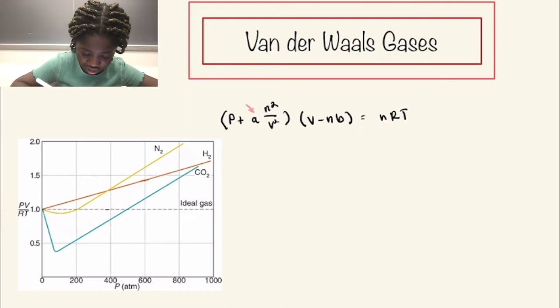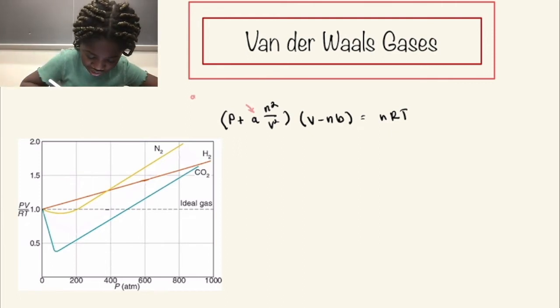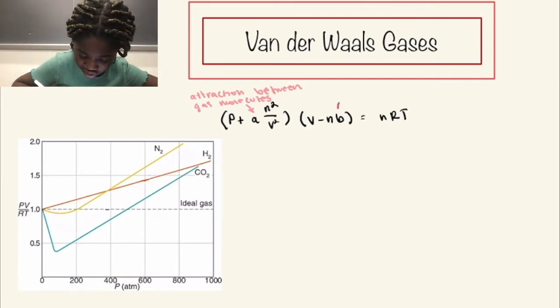The a constant refers to the attraction between gas molecules. The b constant relates to the size of gas molecules.